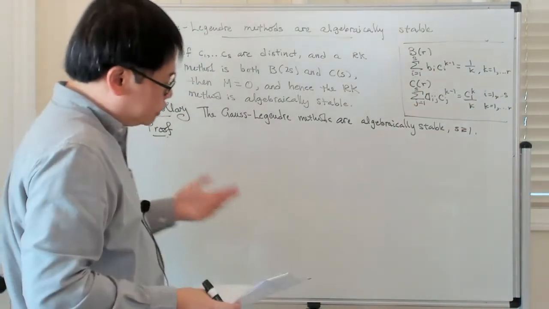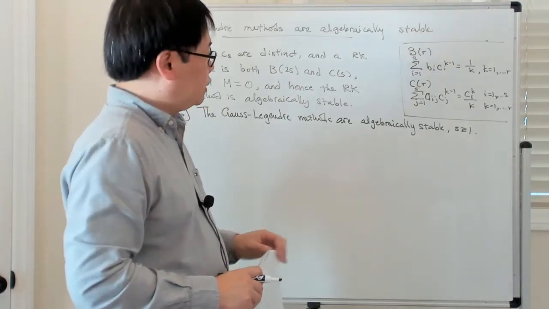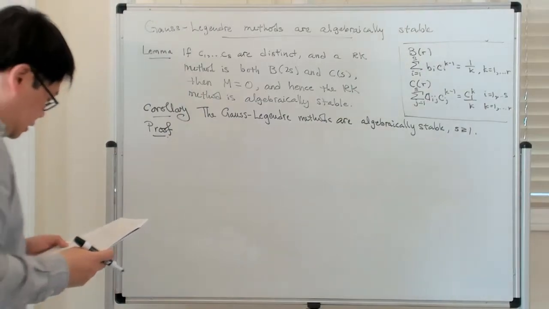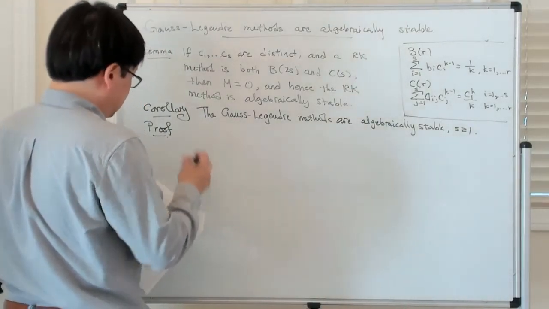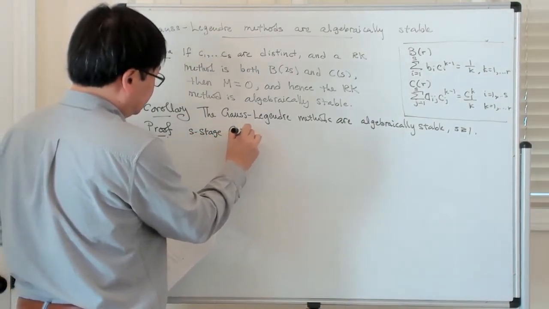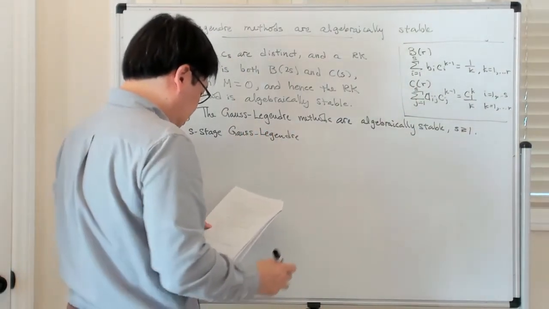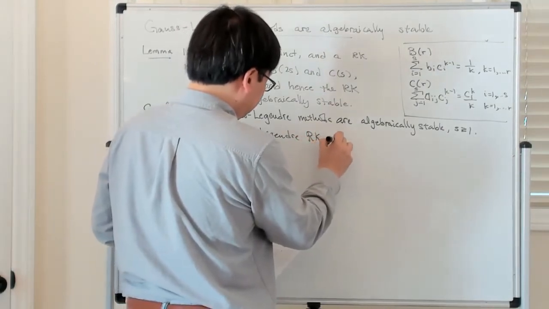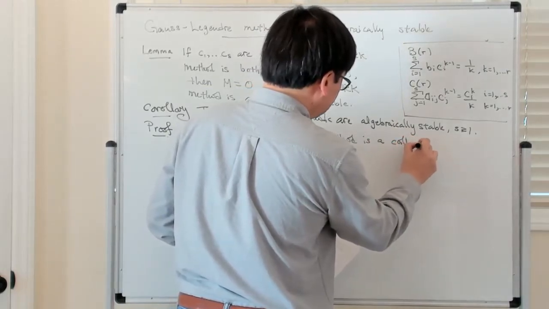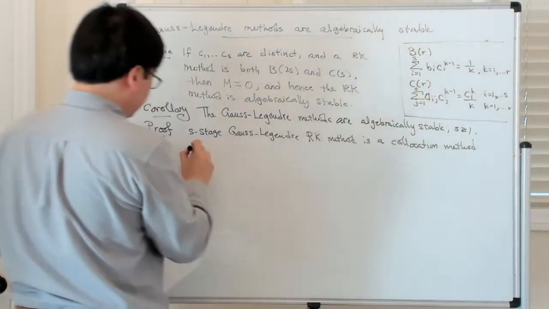The proof strategy basically involves showing that the coefficients of the Gauss-Legendre method satisfy these conditions, and then once you do that, you can invoke the lemma. So the s-stage Gauss-Legendre RK method is a collocation method of order 2s.